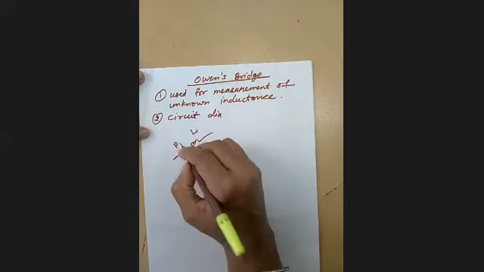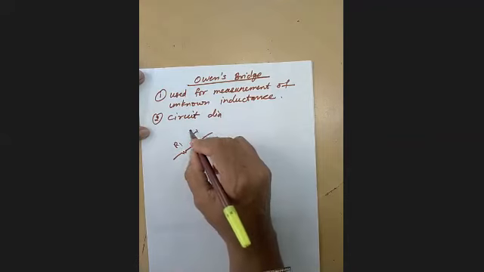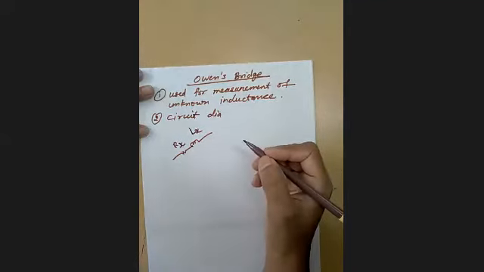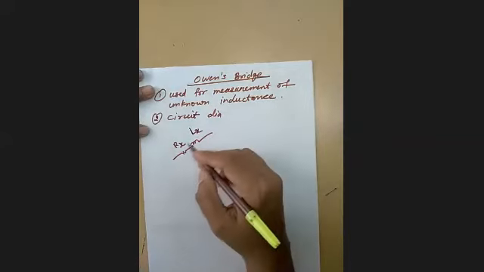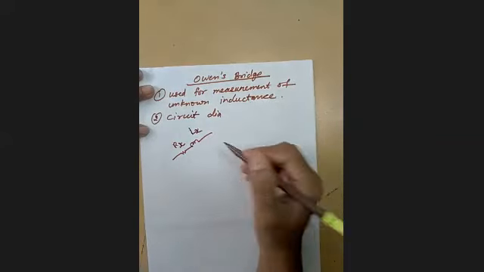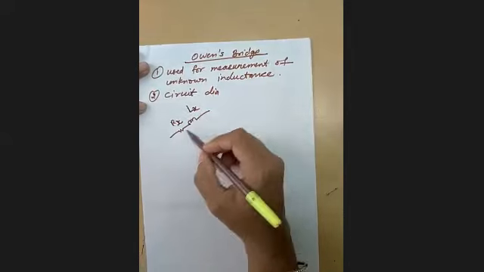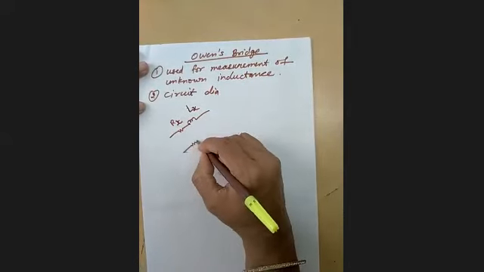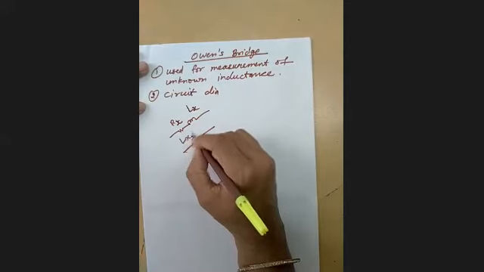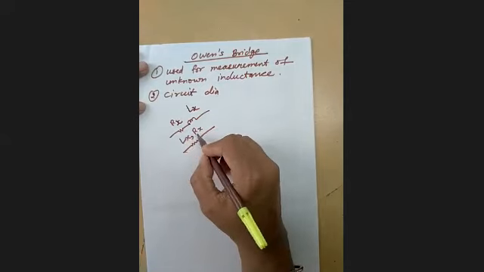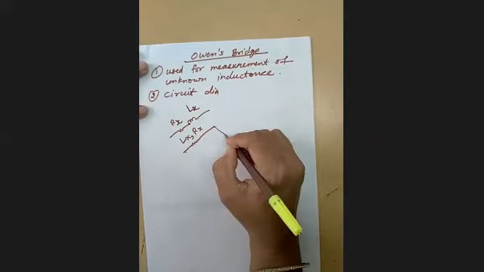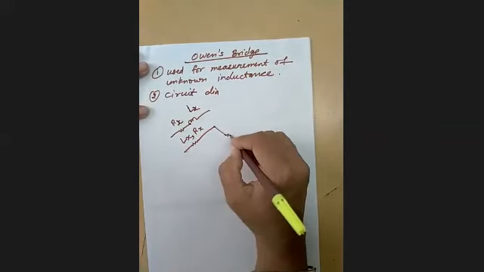R1 is the internal resistance of this inductor; let it be Lx, and this is Rx. These are the unknown resistance and unknown inductor. Sometimes this is drawn separately, but we can draw it like this as well. Like here I am writing Lx, Rx. This is also correct. It means this Rx is the internal resistance of this inductor.